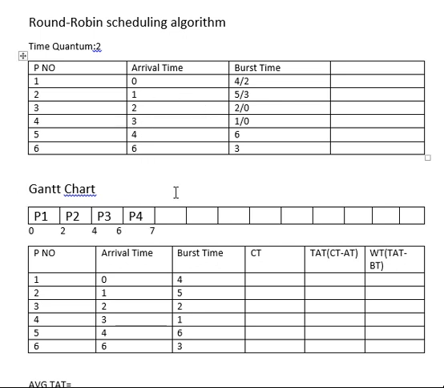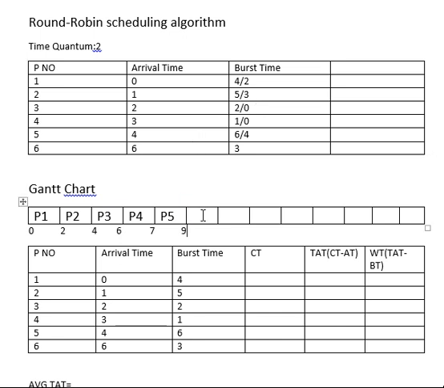The next one in the queue is P5. P5's burst time is 6, so 6 minus 2 leaves 4 still pending, and here it will be 7 plus 2, so it will be 9.